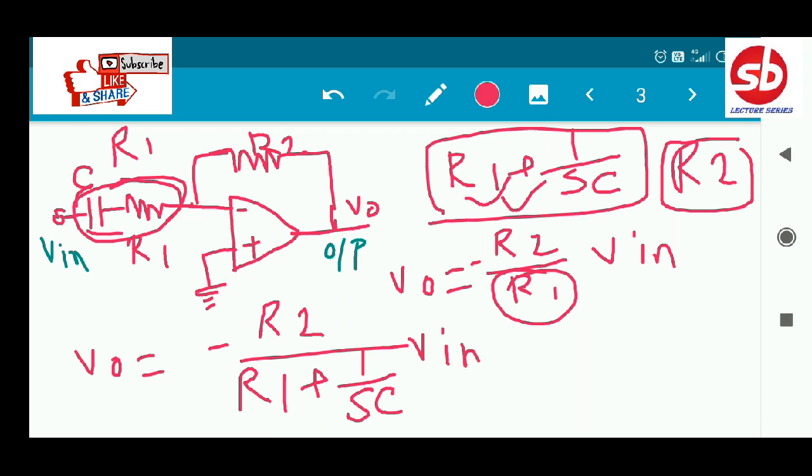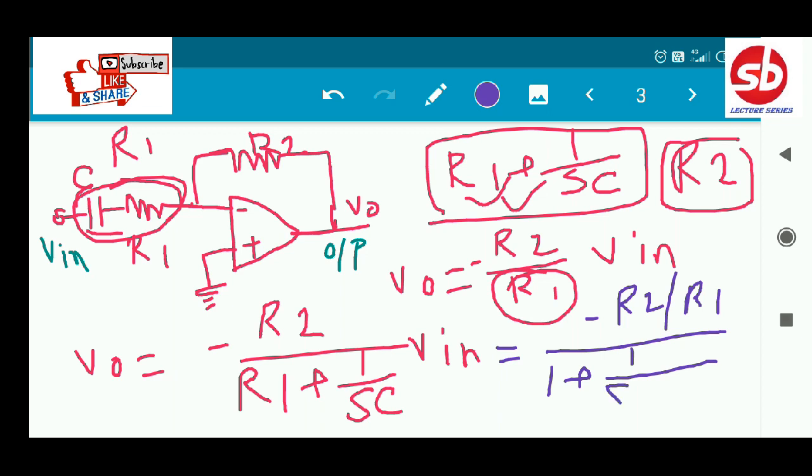Okay, so this is the case, and you have to just divide it by R1. So minus R2 by R1 divided by 1 plus 1 by S R1 C, into Vin.